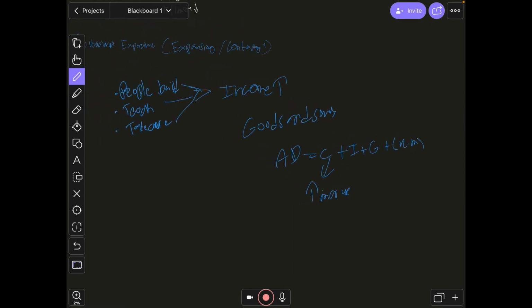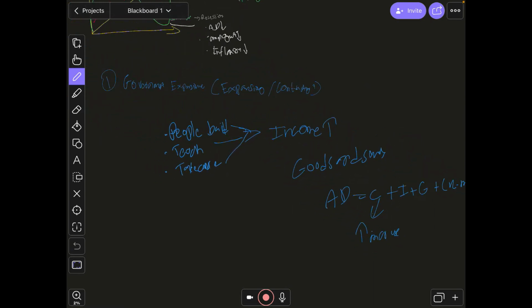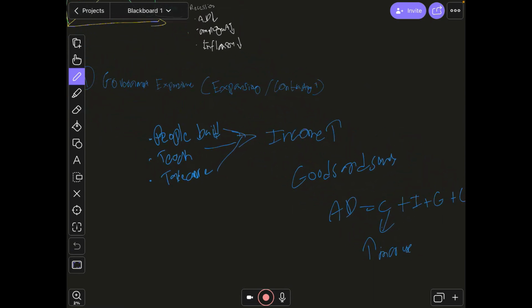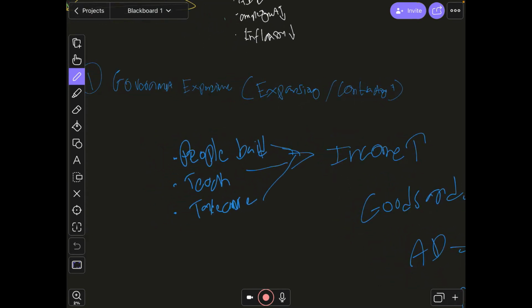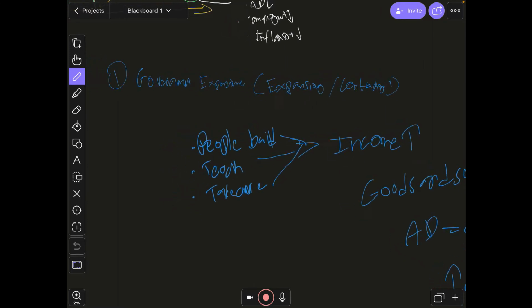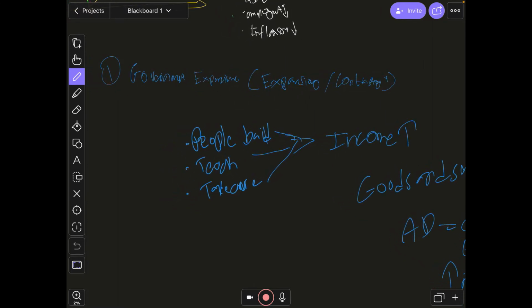So this is one thing. This is part of the government's expansionary fiscal policy, because expansion means increasing something, and whenever we're talking about fiscal policy, we're talking about aggregate demand. So whenever there's a need to increase aggregate demand, the government increases its expenditure.